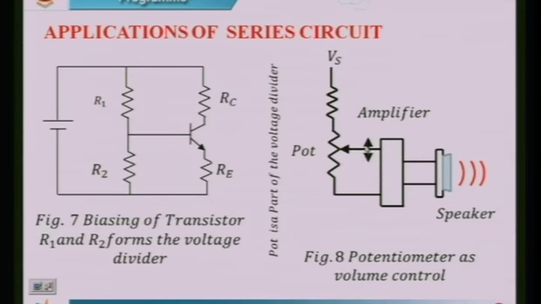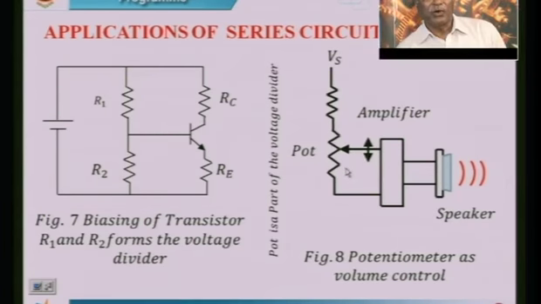It can be moved upward or it can be moved downward. When it comes downward, the applied voltage to this amplifier will be less, therefore the output is also less, the speaker output is also less. As it goes this way, the output of the speaker is more because the input to the amplifier is higher.